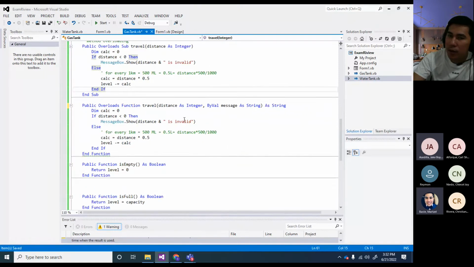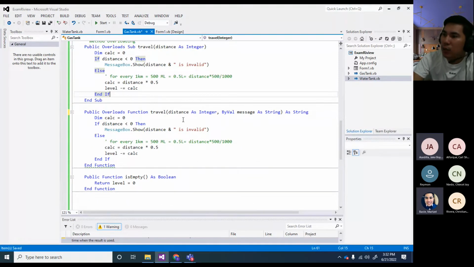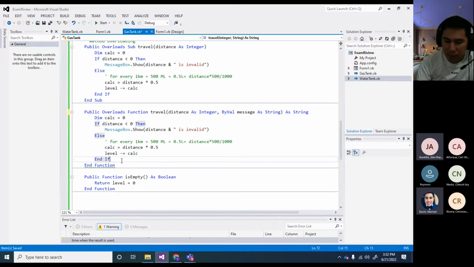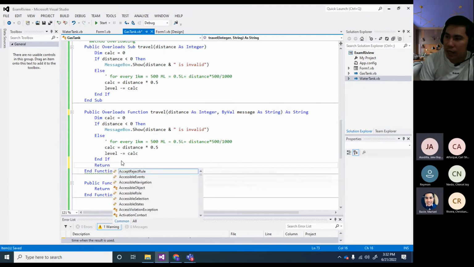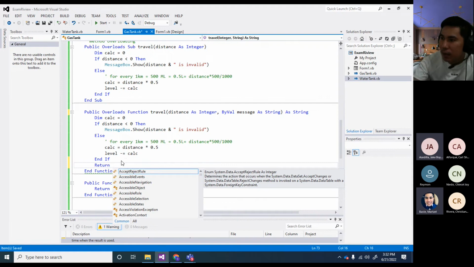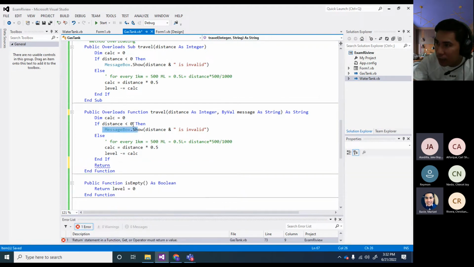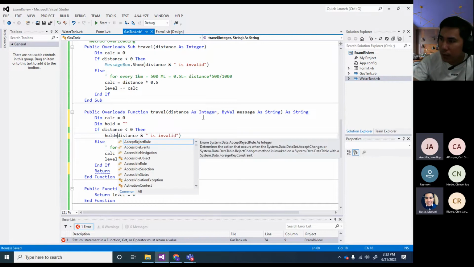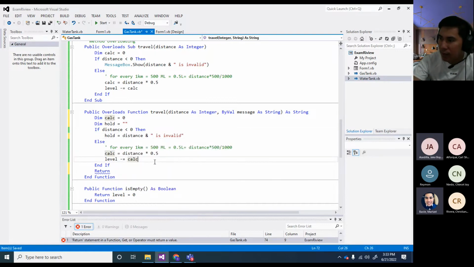Okay, so if you can notice, I have here two different methods with the same name. So I'll put return here. This is, let's say, Dim hold equals like this, and this is, let's say, hold equals distance plus blah.